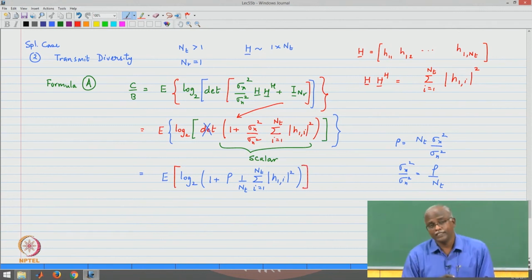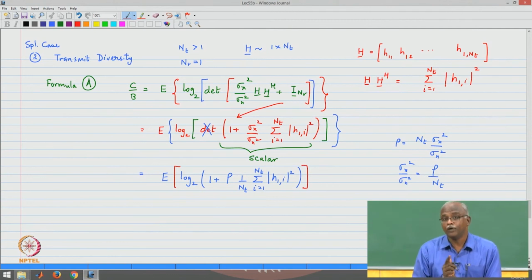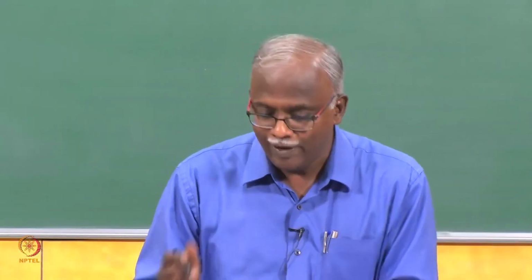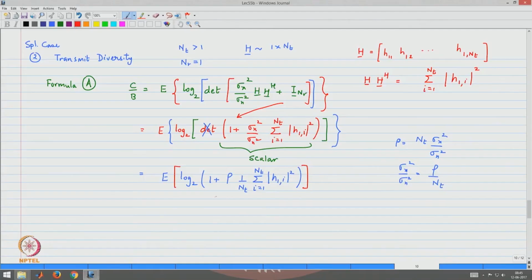Now, a very important result: if you recall, when we talked about transmit diversity, we said that transmit diversity systems will not have array gain. Notice that in the SNR here there is no array gain, but transmit diversity systems can achieve the diversity gain. This expression shows that there is a provision for the diversity gain: no array gain, but diversity gain is present.